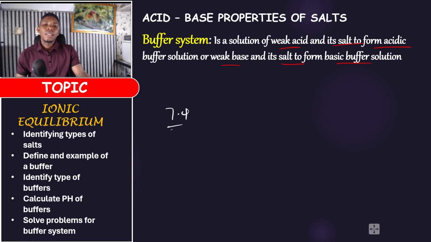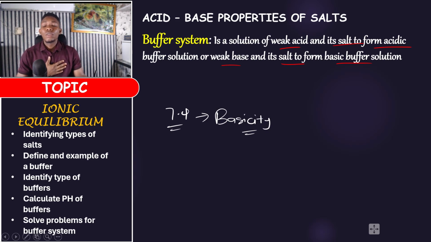It's almost tending towards alkalinity or basicity, right? That is the blood pH. Buffers play an important role in our biological systems and in the physiology of the human body. There are several buffer systems in our body. Worthy of mention is the carbonic acid buffer.